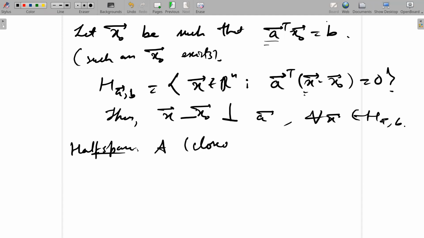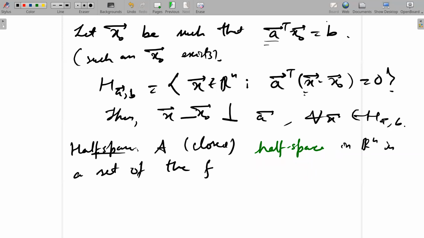A closed half space. Here when I say closed, I mean in the sense of topology or in the sense of metric spaces. A closed half space in Rn is a set of the form H_AB minus, which is the notation.